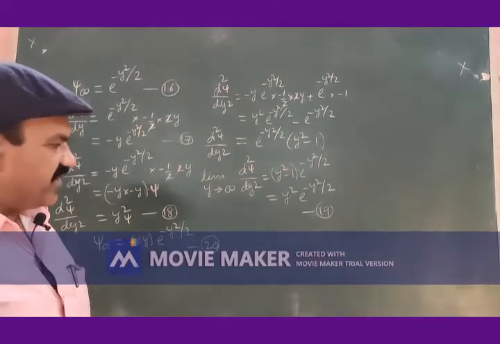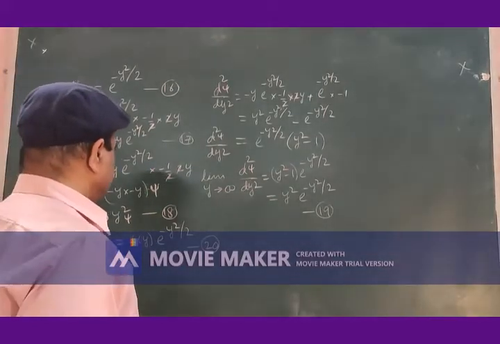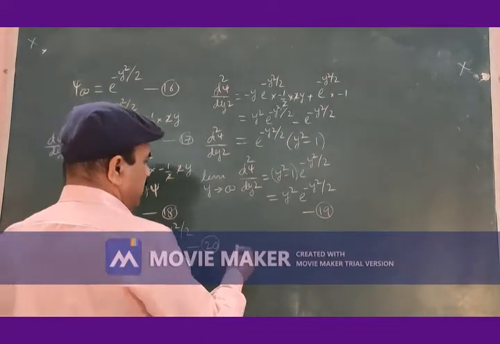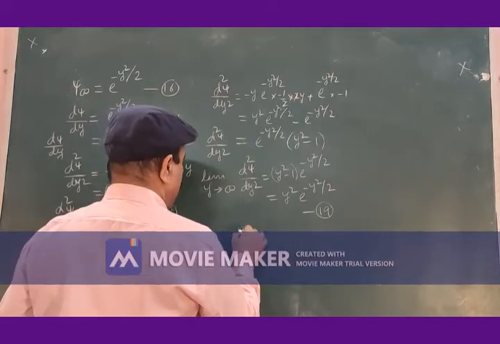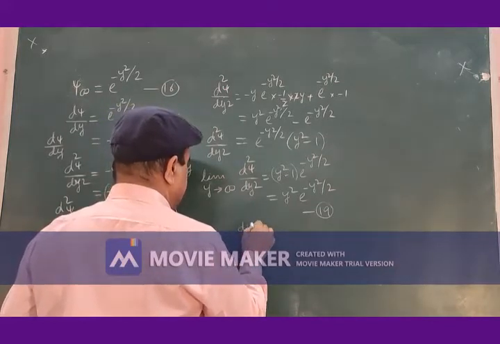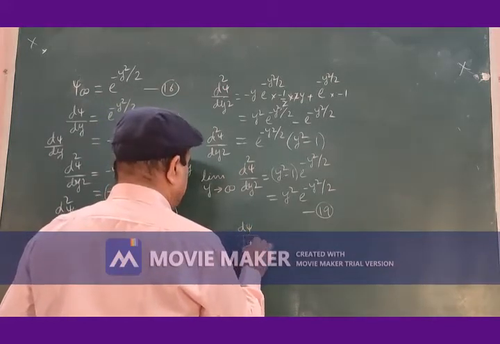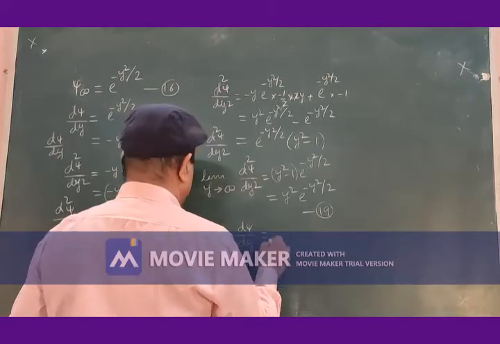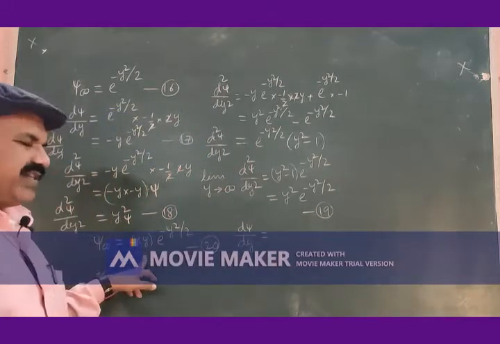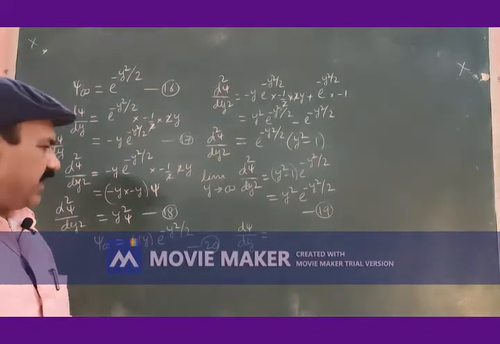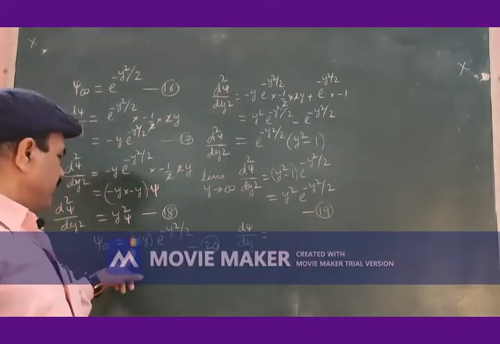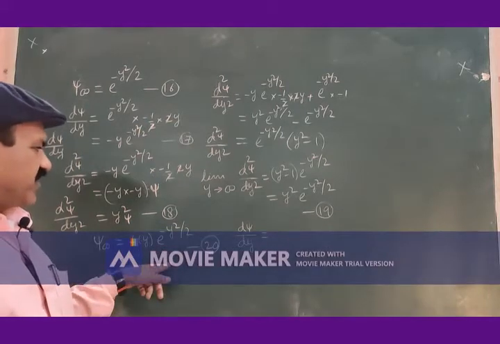Let me consider equation 20 and differentiate this with respect to y to get d psi by dy. You can simply consider f of y as f. f is a function of y, this is also a function of y.